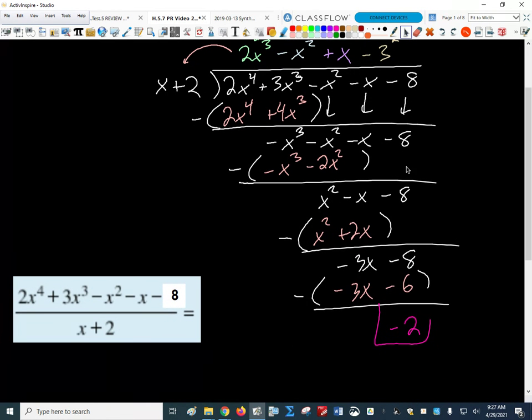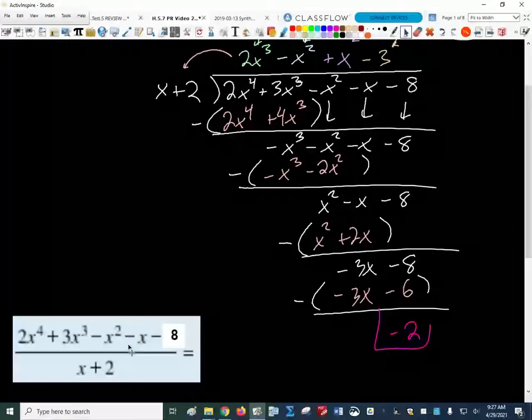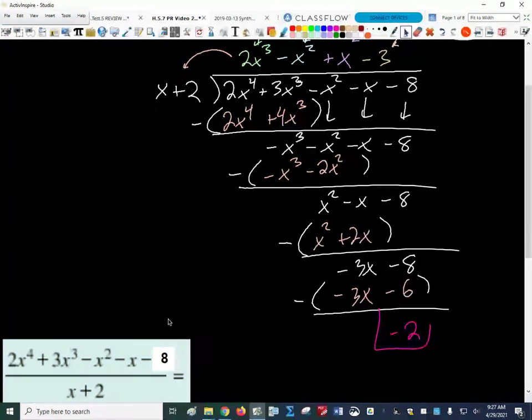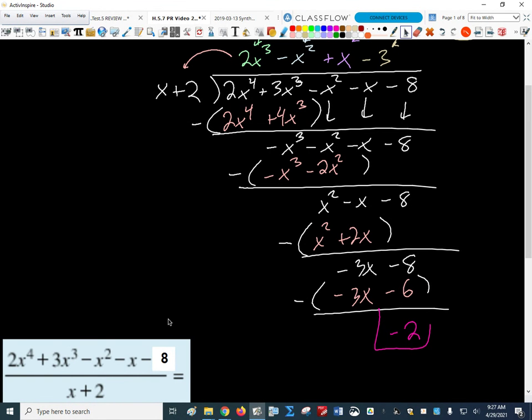Okay, so now let's write our answer based on what we got out of our long division process. What's this thing going to equal? If I simplify that quotient, what am I getting? There's the polynomial part, right?